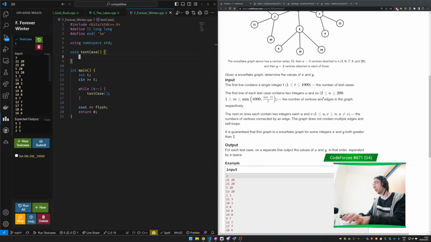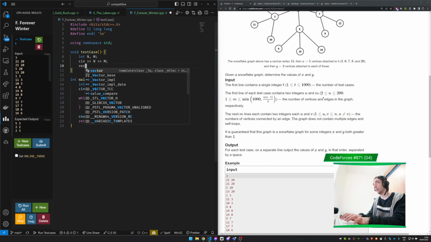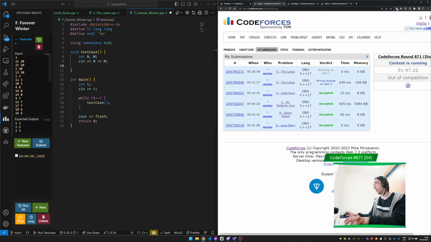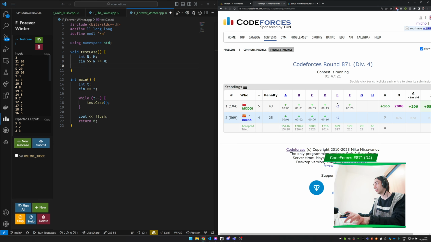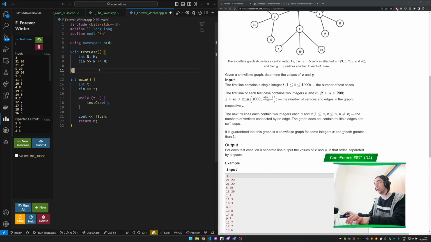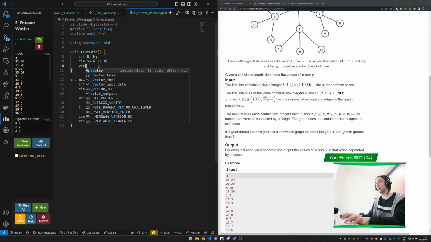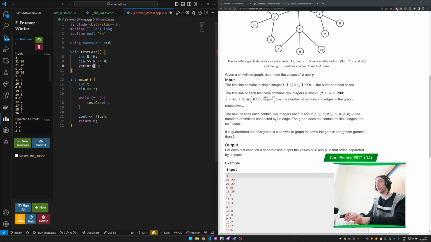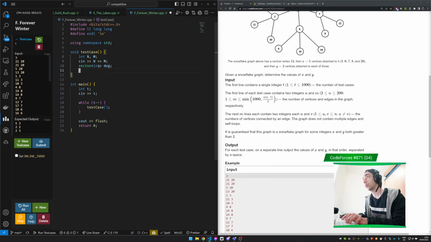So what are n and m? So did it pass? Yes. Okay. N and m. So a vector of degrees, only the degrees of each node. That's n.